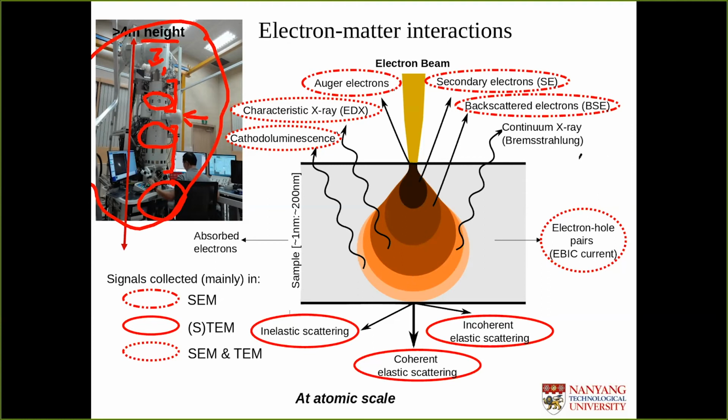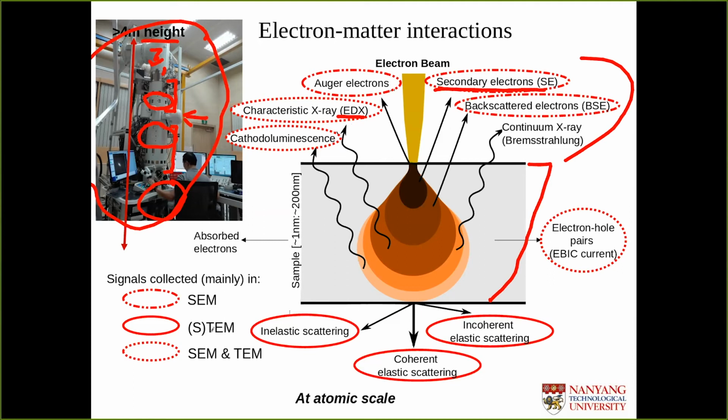On top of the specimen, you have the signals that can be recorded both in a TEM or in an SEM because they are emitted on top of the sample. I won't go through these signals right now because that's not the one I'm going to talk about. Just, the secondary electron signal is the one used in the SEM, and you may have heard about EDX, which is used for rough quantification of the composition of the specimen.